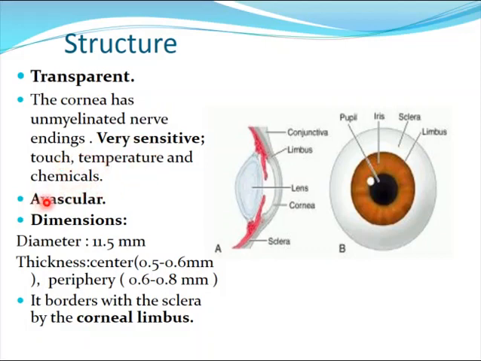The cornea is an avascular structure. Dimension of the cornea: the diameter is about 11.5 millimeters. The central thickness is 0.5 to 0.6 millimeter, while the peripheral thickness is 0.6 to 0.8 millimeter. It is bordered with the sclera by the limbus.